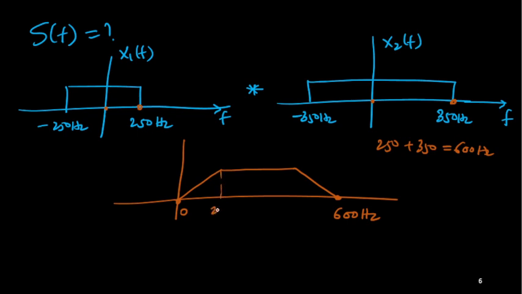So this will be your 250, and this will be 250 less. 600 minus 250 is how much? I think it is 350, right? So this will be the spectrum on the positive side, F. Similarly, you will get it on the negative side.